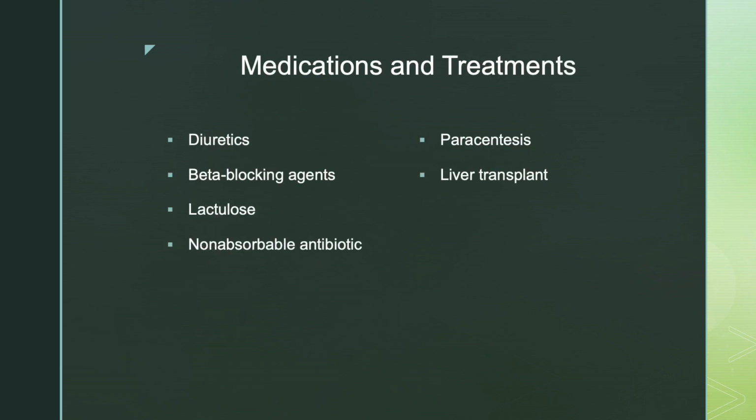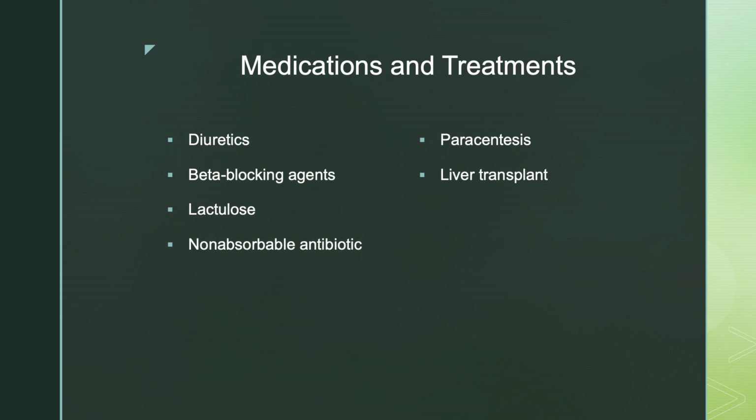And so medications and treatments. Diuretics are going to be used to decrease the excessive fluid in the body. Beta blocking agents are going to be used for clients who have varices to prevent bleeding. Lactulose is going to be used to promote excretion of the ammonia from the body through the stool.